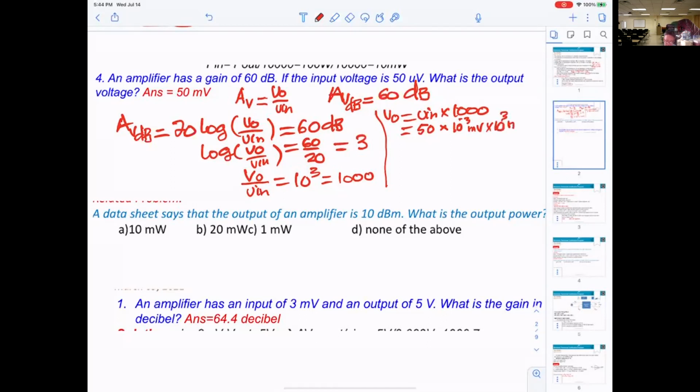Microvolt to millivolt. That's why they give you 50 millivolt.